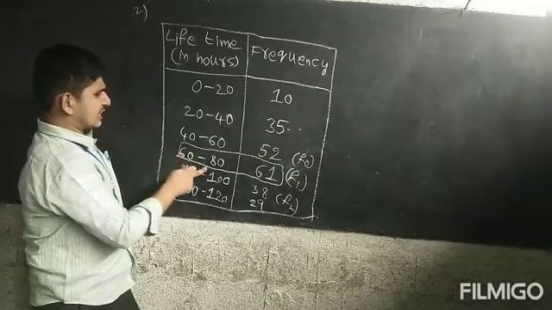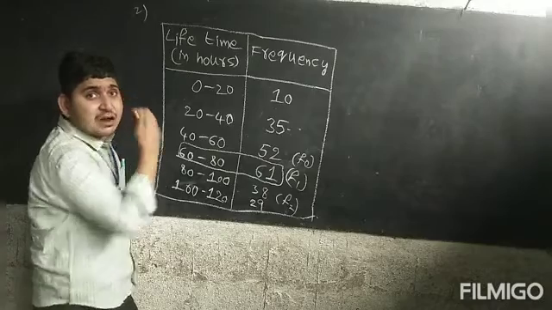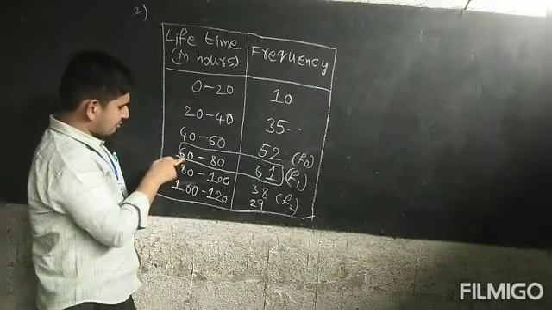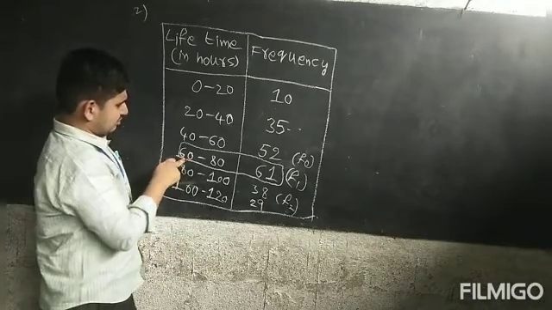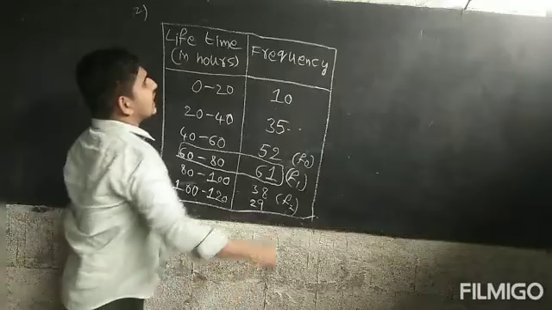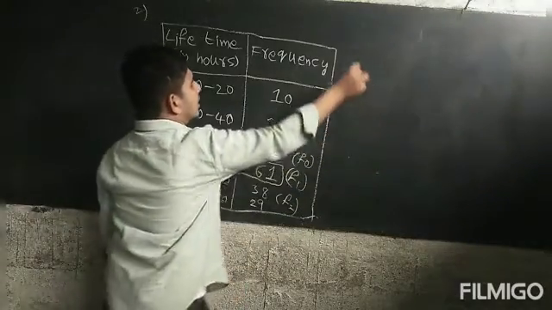The 60 to 80 class is known as the modal class. So the lower boundary of the class is 60, so L equal to 60.